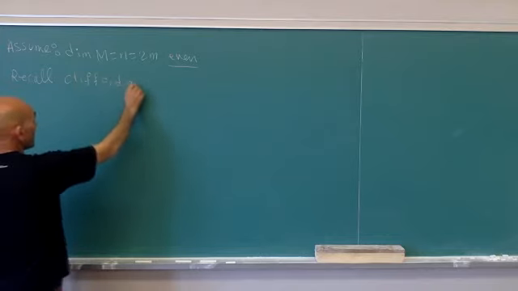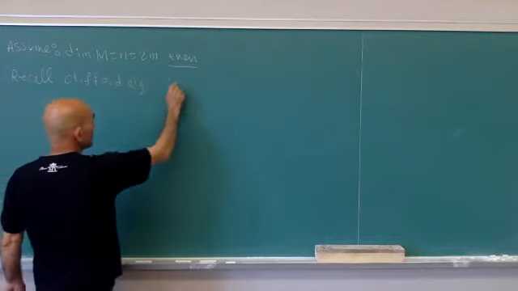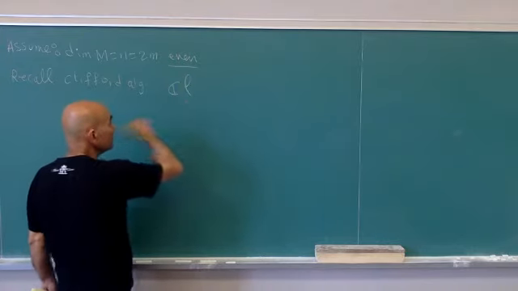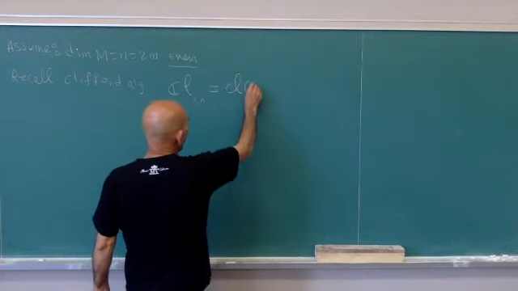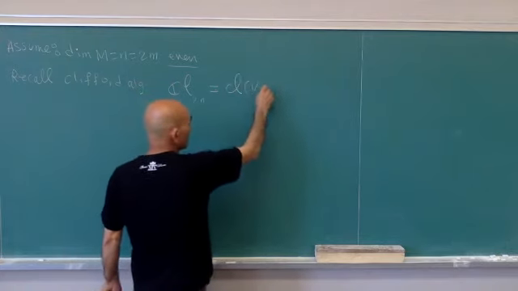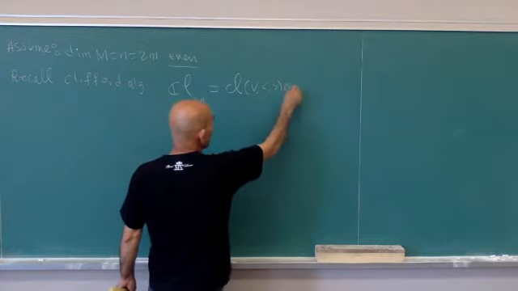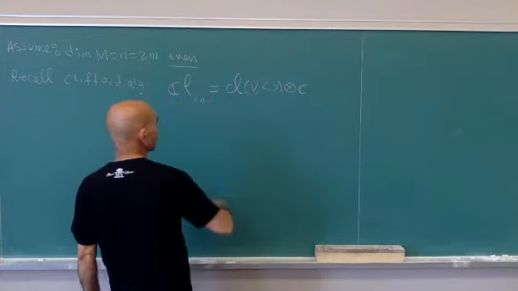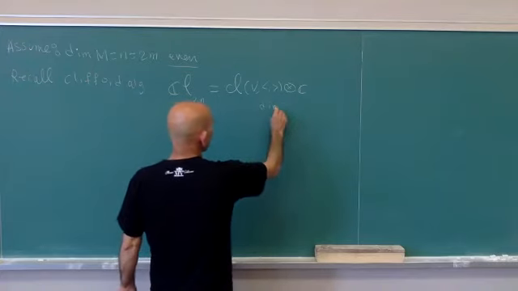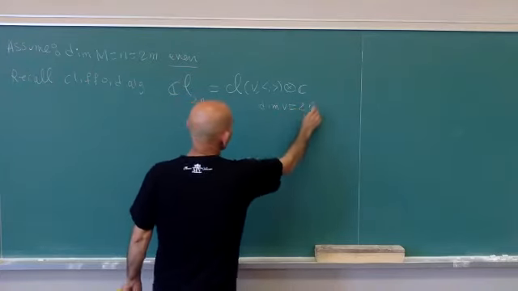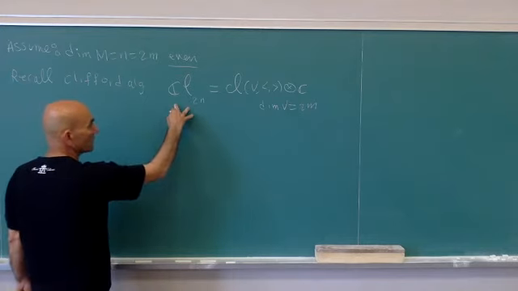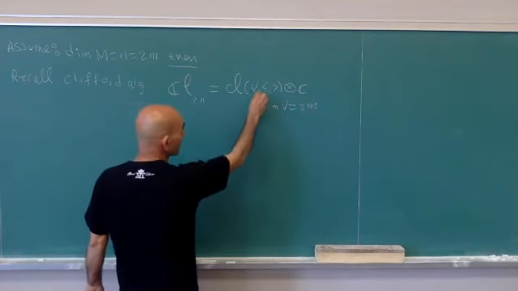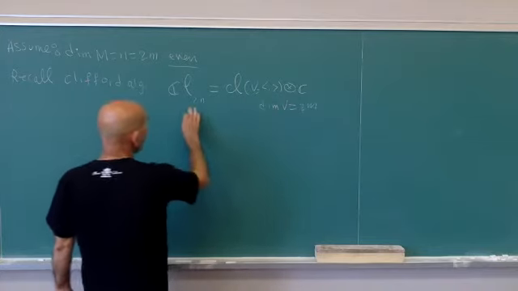Recall the Clifford algebra. We have this Cl of V with a positive definite inner product, tensored with C, where the dimension of V is equal to 2m. Either in this coordinate version or in this abstract coordinate-free version, we have this algebra.